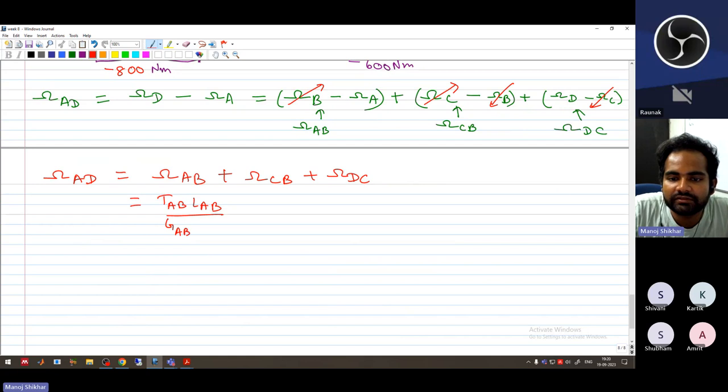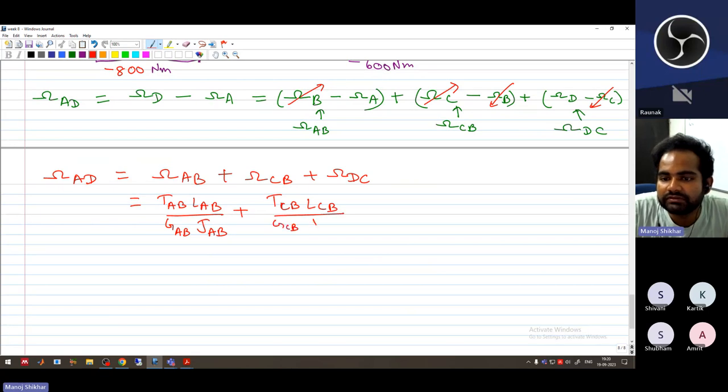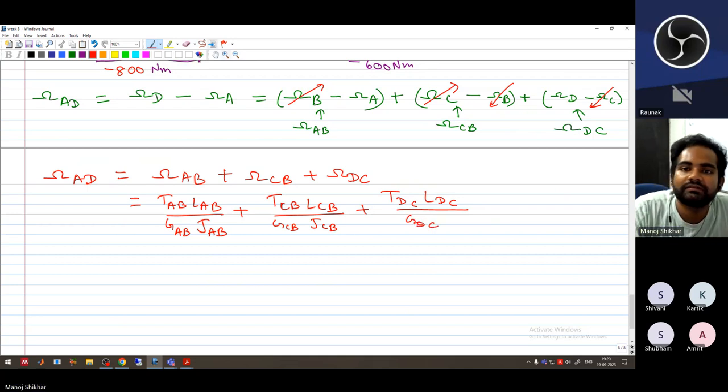Then I will replace it later on. Plus TCB LCB by GCB JCB plus TDC LDC by GDC and JDC.